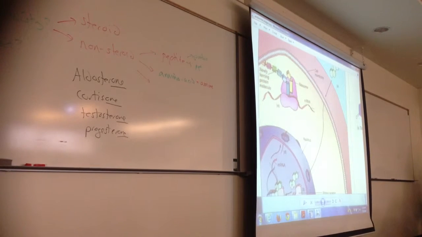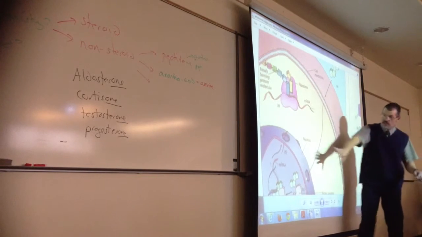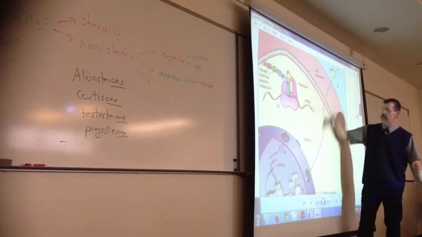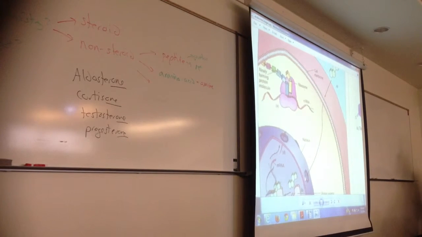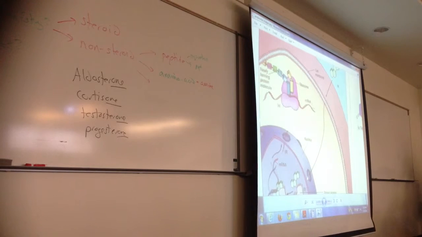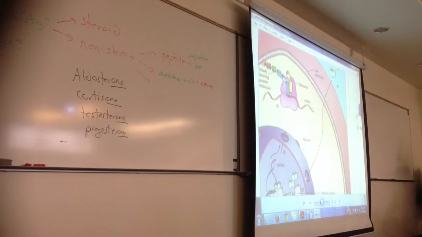Fat can go into your nucleus because it goes right through the phospholipid bilayer. So a steroid hormone can go directly into my DNA, down here, and mess me up. That's called a direct action. They go directly into my nucleus and directly affect my gene expression. So steroids directly affect you.